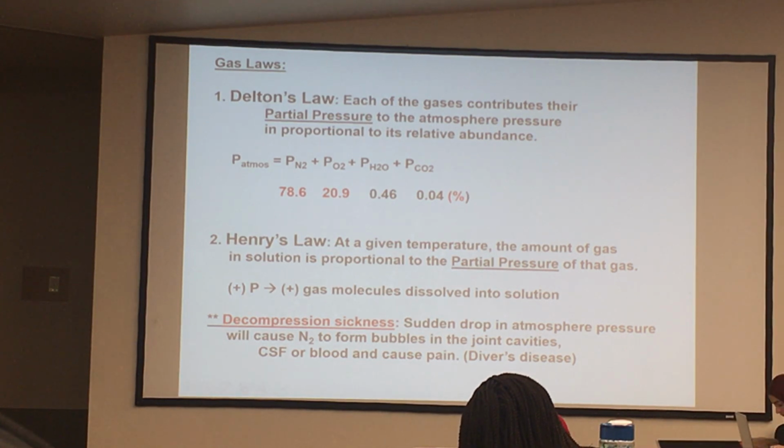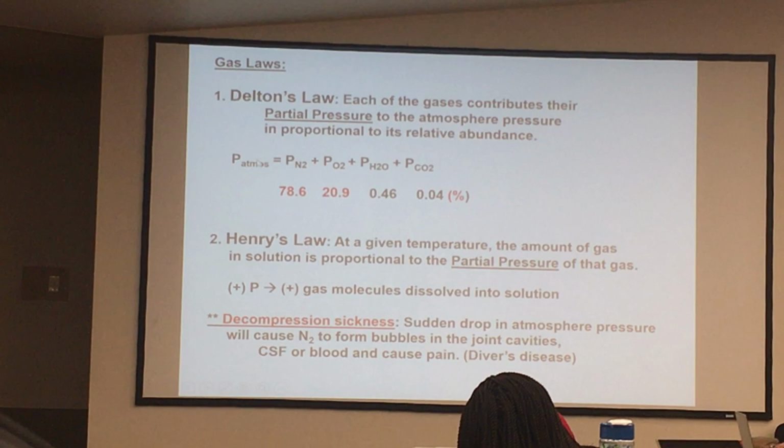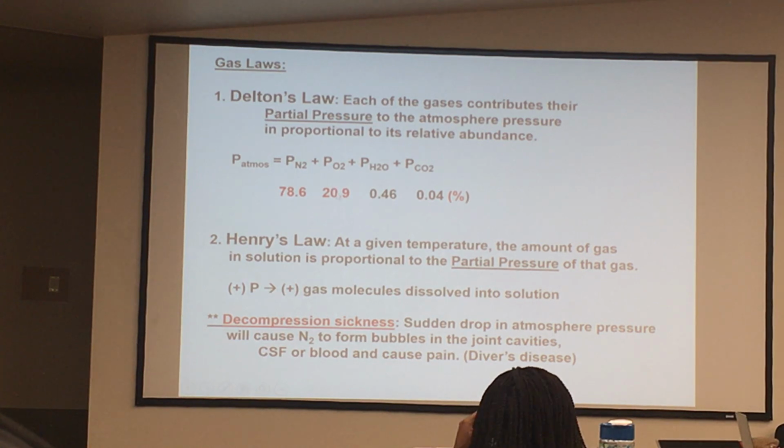That means atmospheric pressure equals the sum of the major gases. Number one is nitrogen, number two is oxygen, and the water and CO2 are very small. Nitrogen and oxygen make up probably 99%. Roughly, nitrogen, just remember 79%, oxygen 21% in the atmosphere.